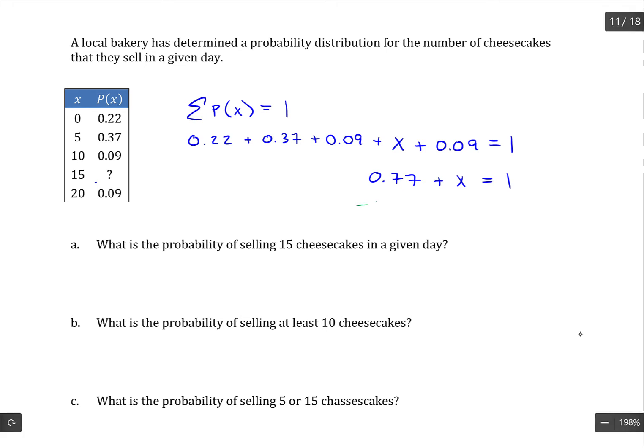Now this is just a simple linear equation which we can solve for x by getting it by itself. And the way we do that is subtract 0.77 from both sides. So x equals 1 minus the sum of the probabilities we have so far, which is 0.23. So that missing probability is 0.23.